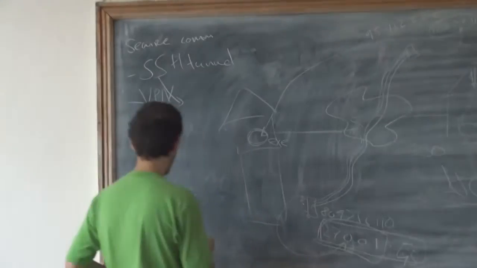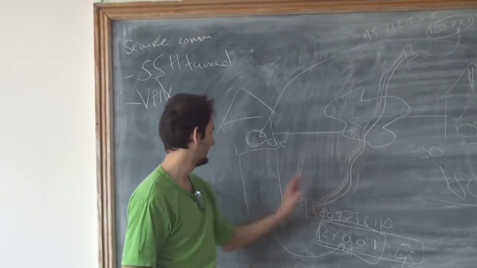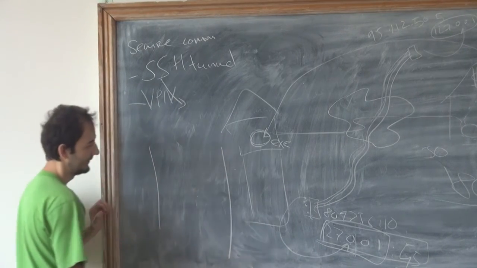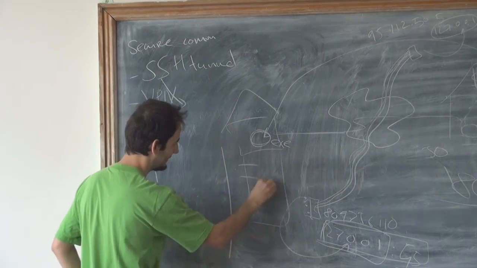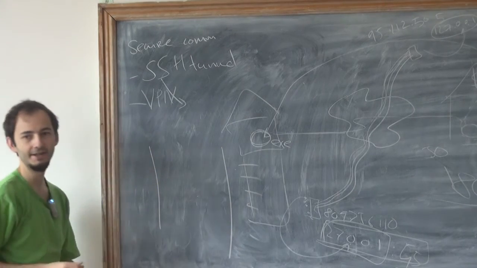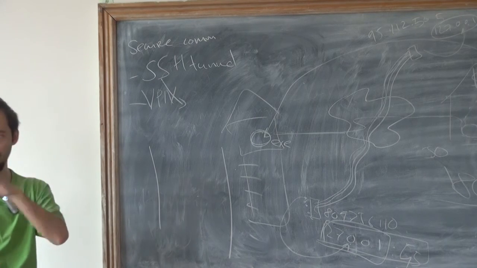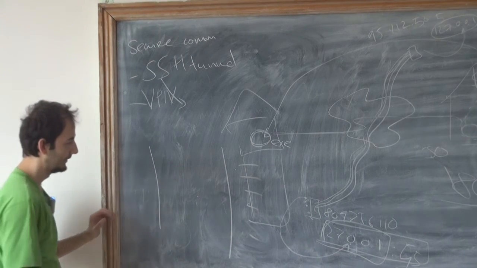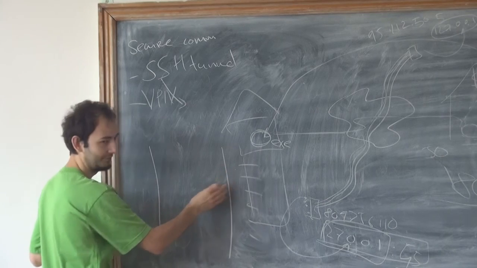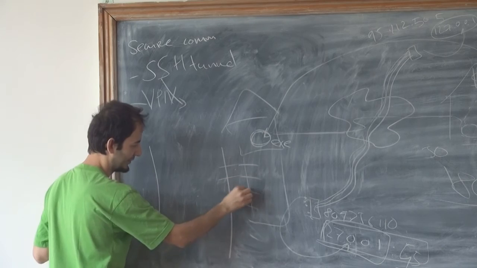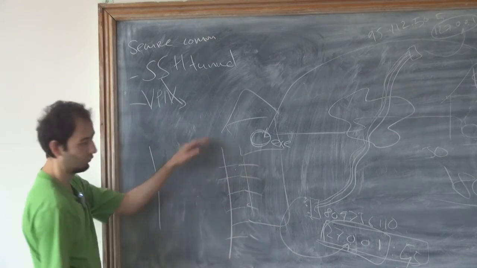And here's why. I'm going to redraw this here. You have one computer and another computer. And let's say that this one has a lot of services inside. It has an FTP server, a web server, and a bunch of other ones. If you exposed all of them to the internet, then all of these ports would be open.